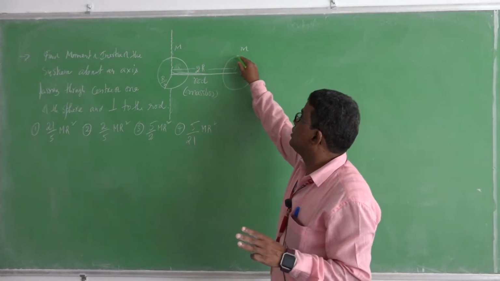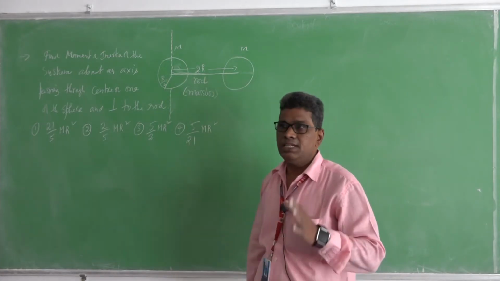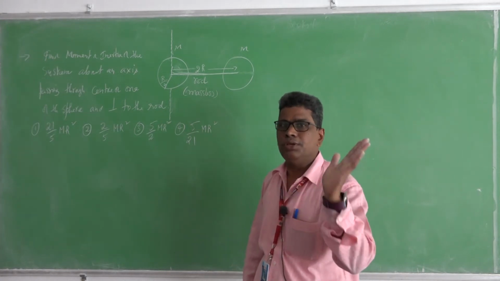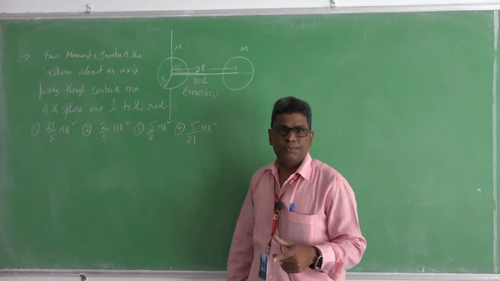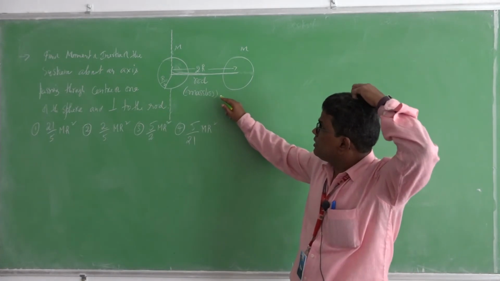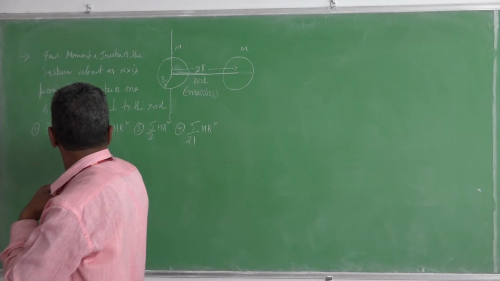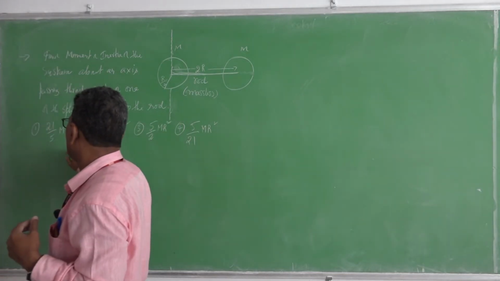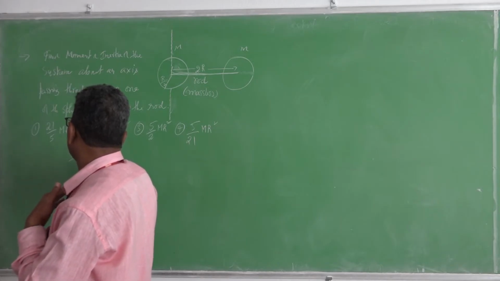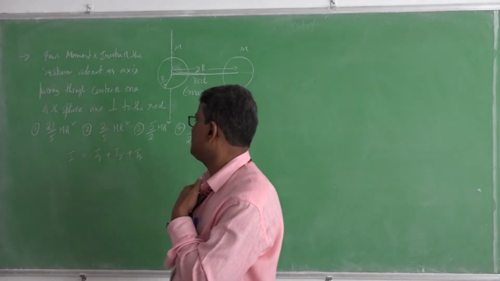The system consists of two spheres only. The rod is there, but it is massless, so its moment of inertia is 0. The total moment of inertia of the system is the moment of inertia of the first sphere plus that of the second sphere plus that of the rod.